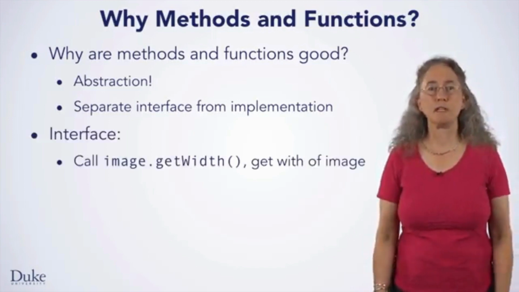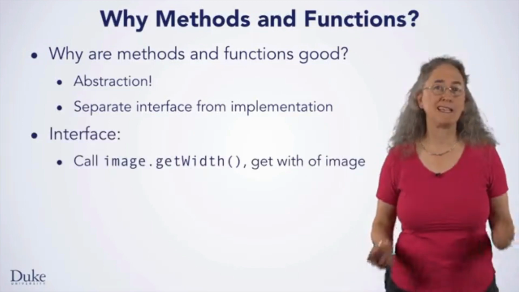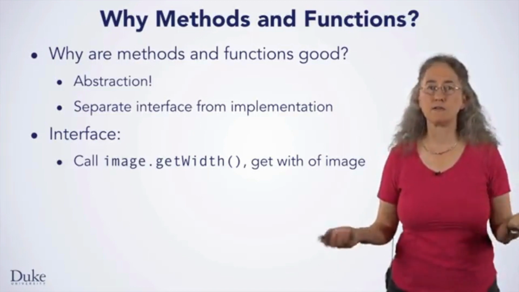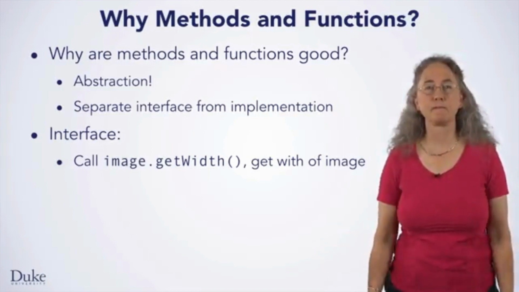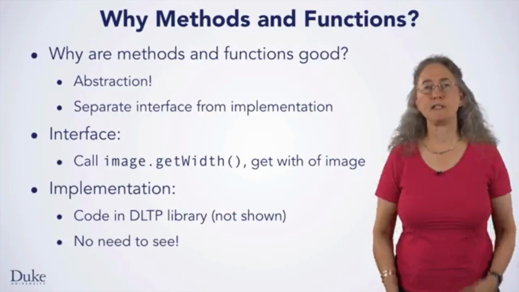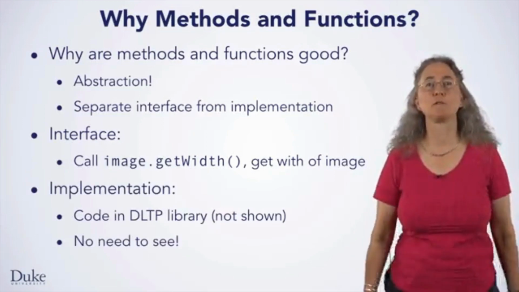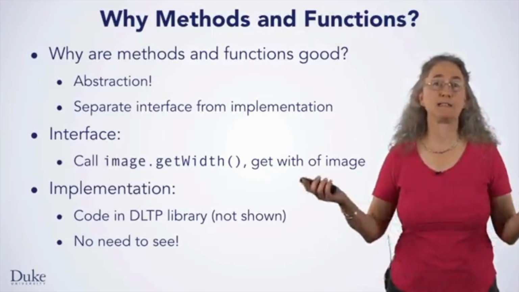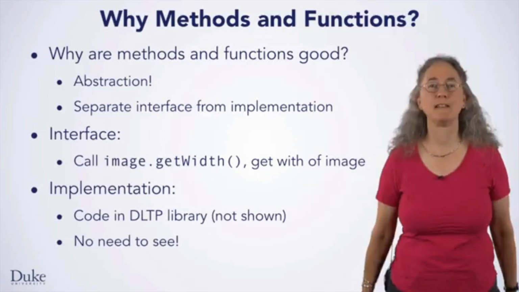For example, the interface of the simple image method getWidth is that you call it on an image and it gives you the image's width. The implementation is hidden in the DukeLearnToProgram.com libraries, and you've not seen it at all, nor do you need to see it to use it.